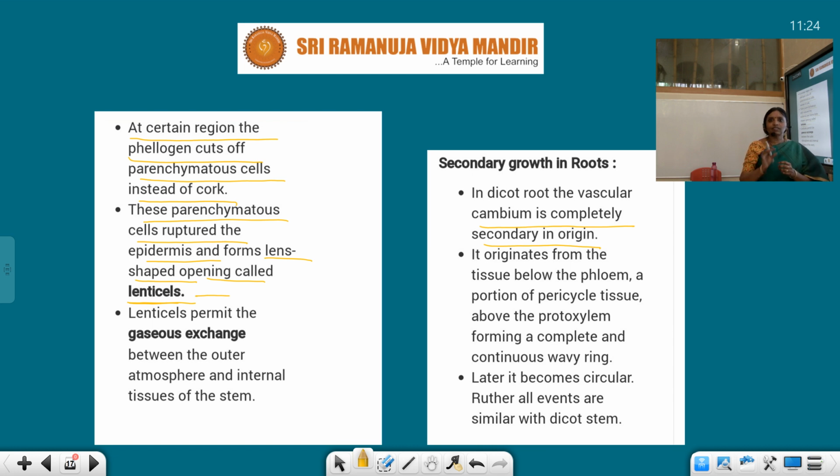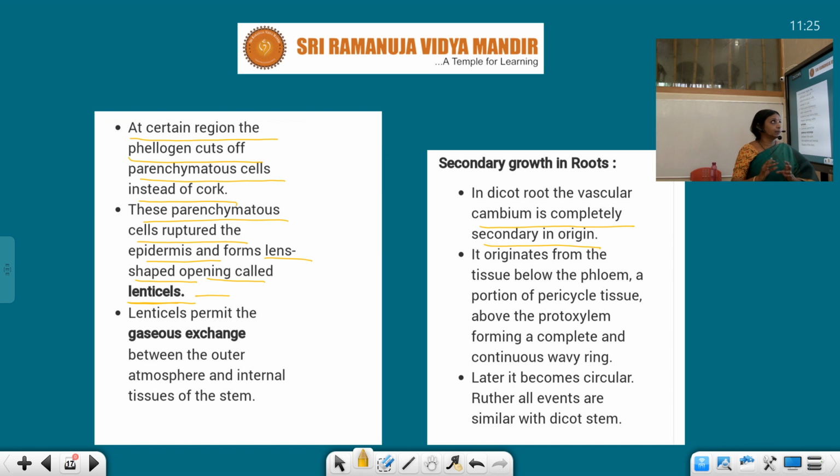In roots, the vascular bundles are exarch, that means protoxylem is towards the periphery, and radial, with xylem and phloem situated on different radii and alternately arranged. Whereas in the stem, they are present in the same bundle, and between them a cambium ring is present. But in the root, no cambium ring is there, so it is a closed type of vascular bundle.